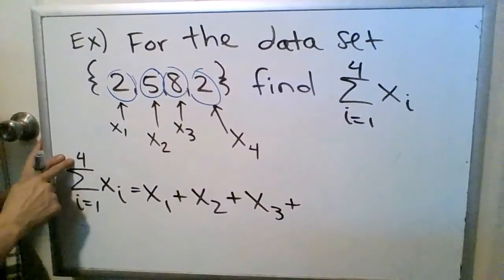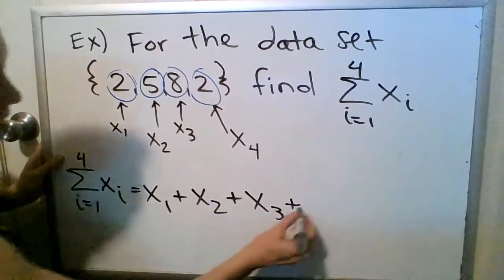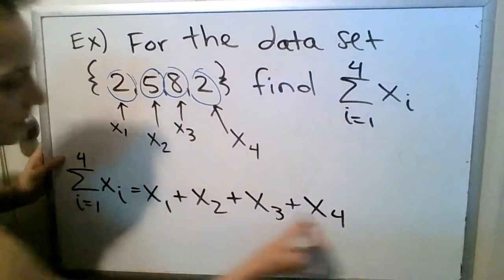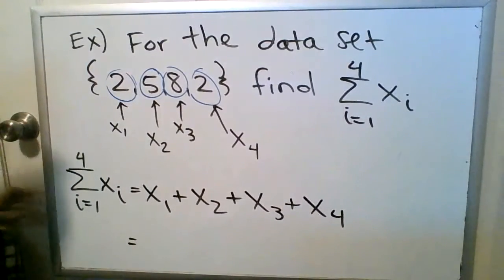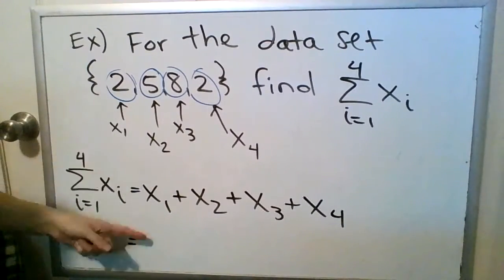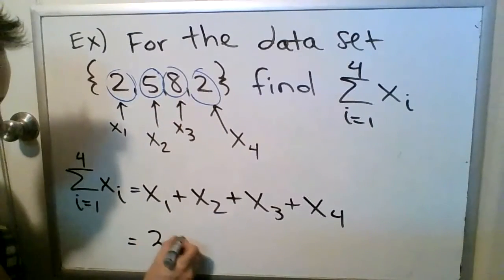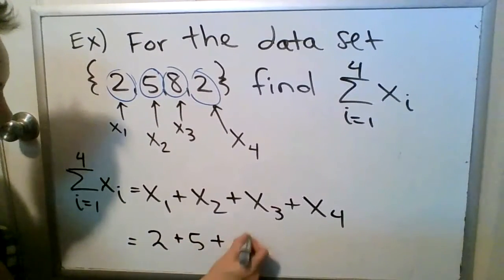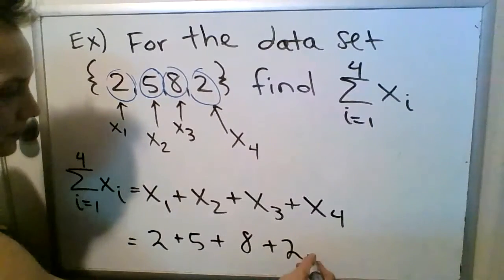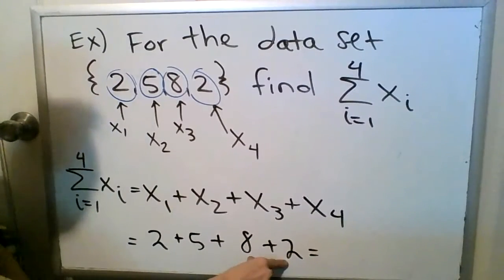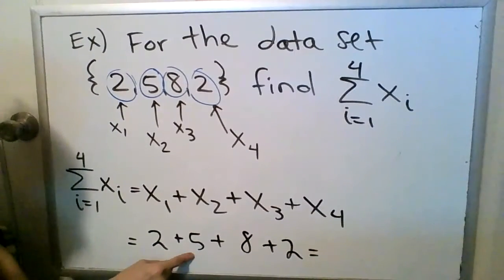And now you've reached the top where we're putting in x of 4. So we want 2 plus 5 plus 8 plus 2. 10 plus 7, I've got 17.